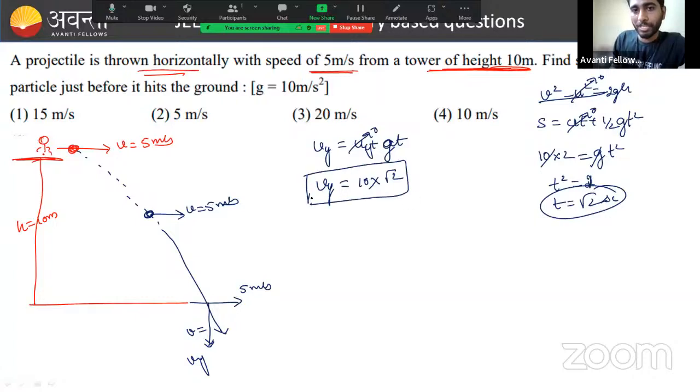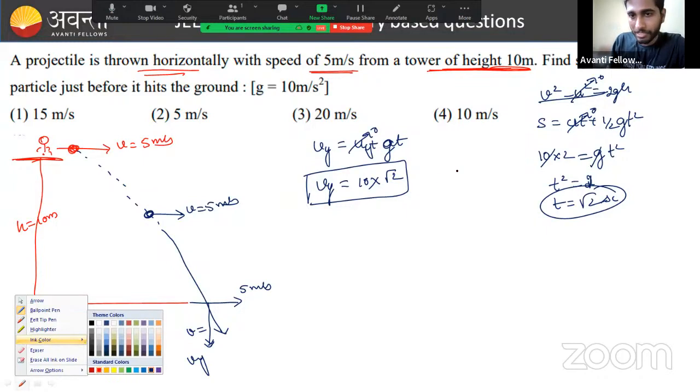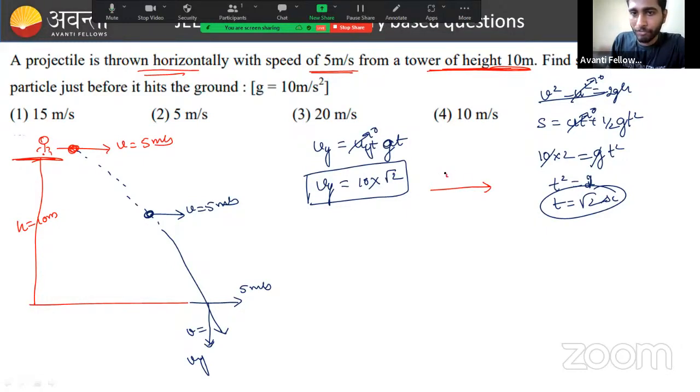We got to know the vertical velocity and horizontal velocity. Now we have to calculate the net velocity. Look at this equation properly. This is the horizontal velocity, 5 meter per second. Vertical velocity we got is 10 root 2 meter per second. We want this net velocity. Net velocity can be written as, suppose this is A, this is B, then we'll write under root of A square plus B square.